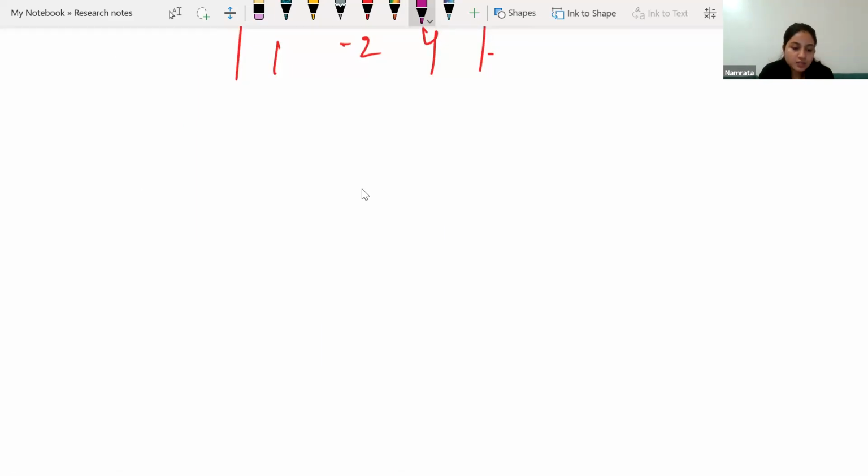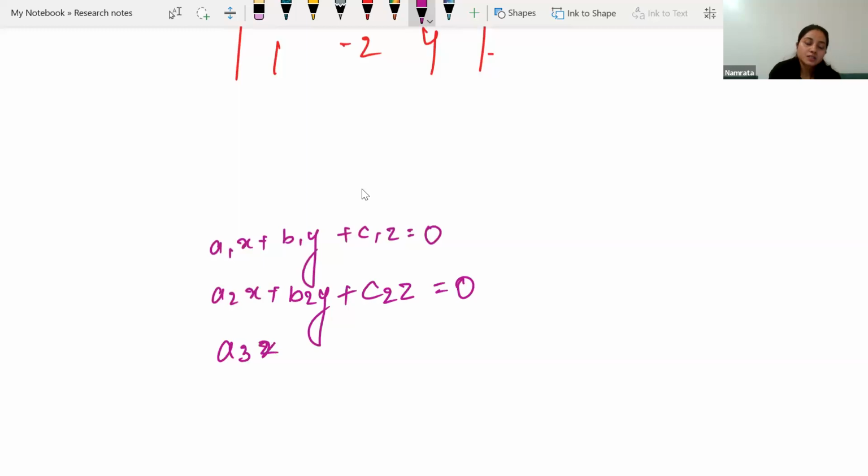Now one concept is here. When we have this type of equation, a1x plus b1y plus c1z equals 0, a2x plus b2y plus c2z equals 0, and a3x plus b3y plus c3z equals 0, where the other side is 0, this is called a homogeneous equation.